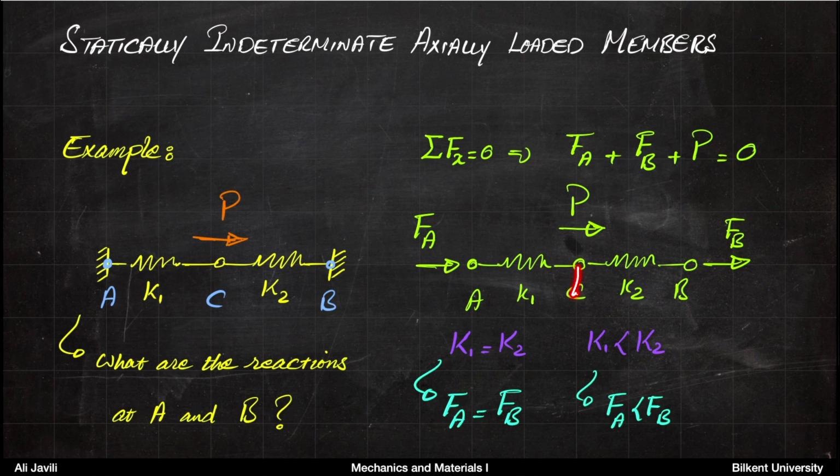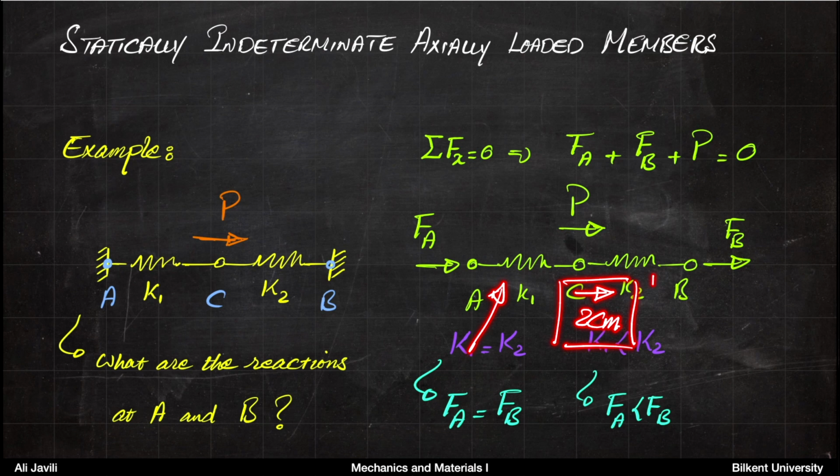So assume that under the influence of force P, point C would move 2 centimeters towards the right. Now, what does that mean? That means that the spring on the left side would be extended by 2 centimeters.